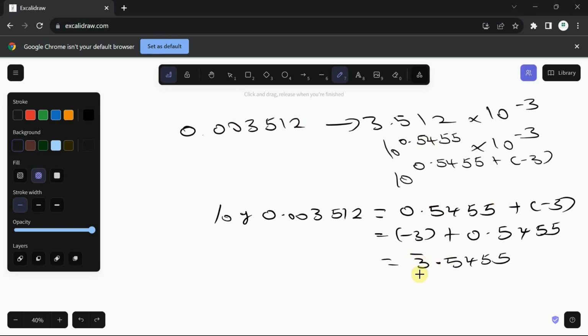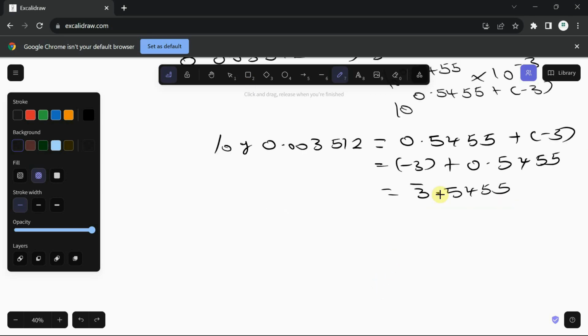We use a bar notation. And let me just say, this bar 3 is not the same thing as saying minus 3.5455. No, it is not the same thing. This one is saying minus 3 plus 0.5455. If you add this, you are going to have something entirely different. So you must know the distinction, right?